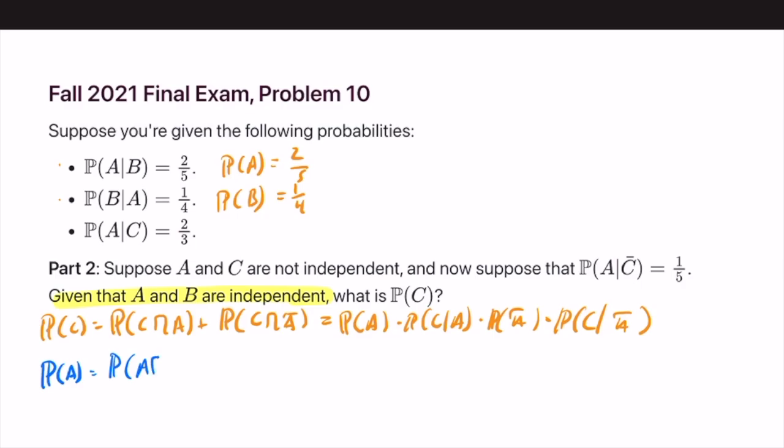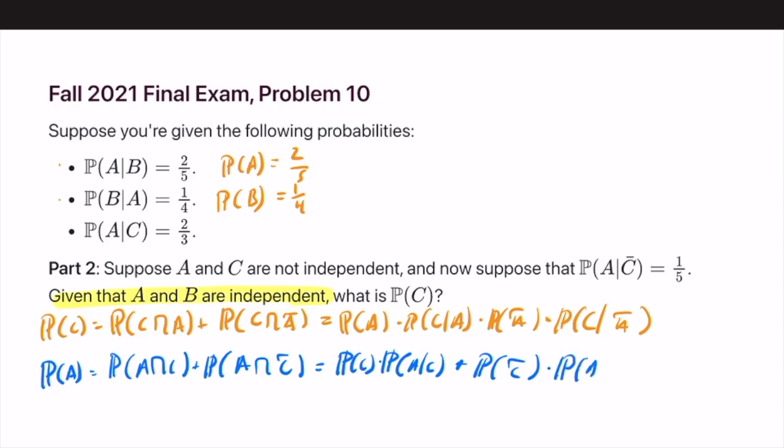Now it would be A of C plus the probability of complement of A. No, in this case, this would actually be the complement of C. So the probability of A is the probability of C times the probability of A given C, plus the probability of the complement of C times the probability of A given the complement of C. We know A is 2/5, so we can put that in.